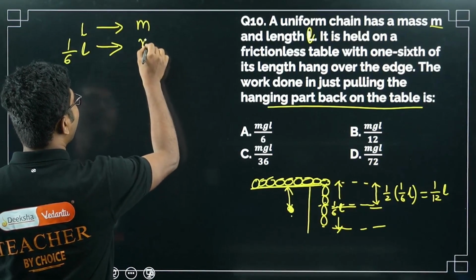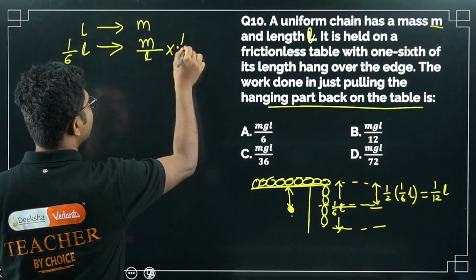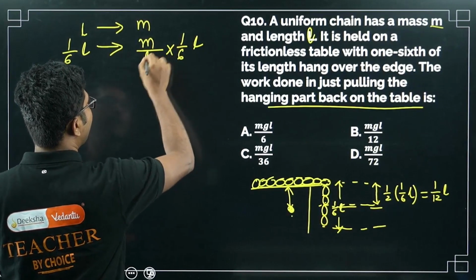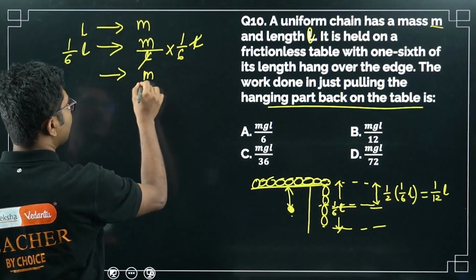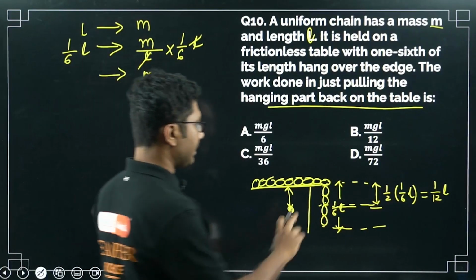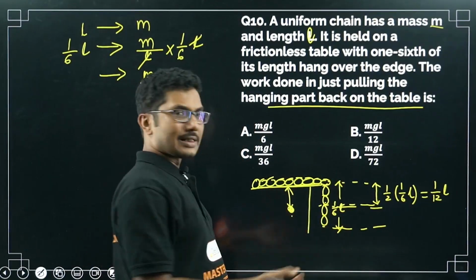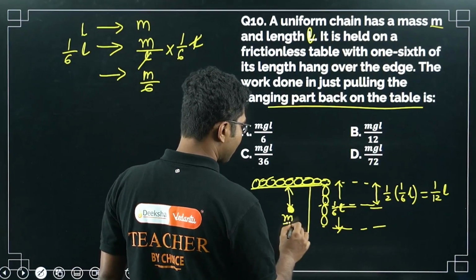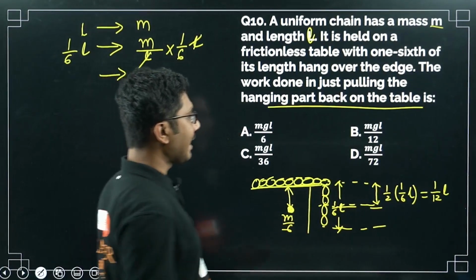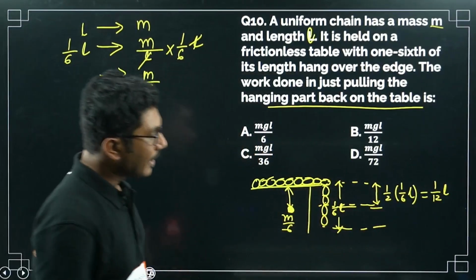It will be m divided by L times 1/6 of L. So L cancels, and the mass will be m by 6. This is the mass of this piece. So now you can consider that the entire mass is located at this point. So m/6 mass is located here, and the height of that from the table is 1/12 L.